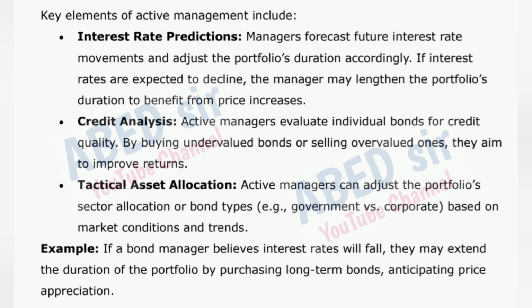Active managers can adjust the portfolio's sector allocation or bond types, for example government versus corporate, based on market conditions and trends. Example: if a bond manager believes interest rates will fall, they may extend the duration of the portfolio by purchasing long-term bonds, anticipating price appreciation.